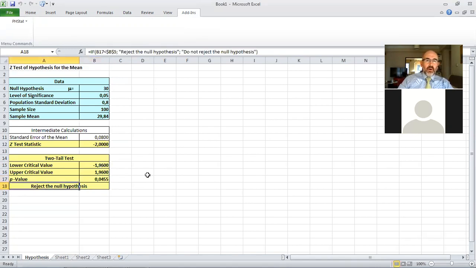In the reject there is a simple if function, but that's basically using the p-value here. If the p-value is less than the level of significance. The p-value is calculated by using NORM.S.DIST, and for Turkish you can use DA for dağılım. Taking the absolute value of the z-stat, and TRUE is for cumulative.